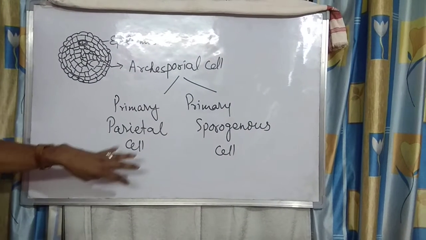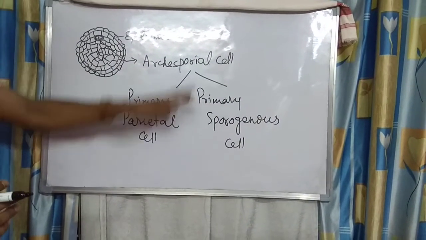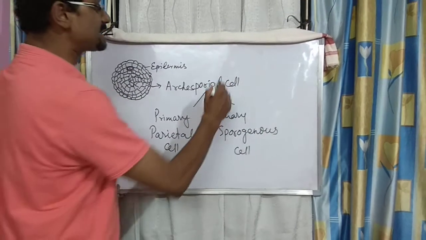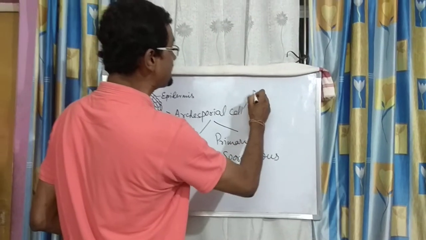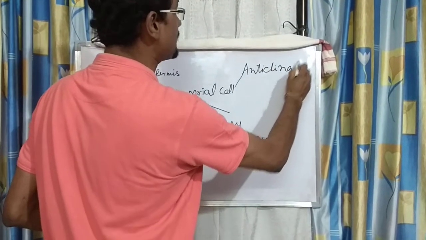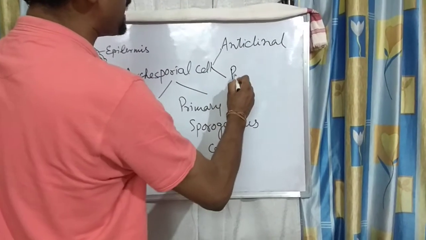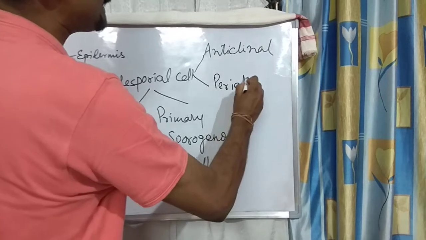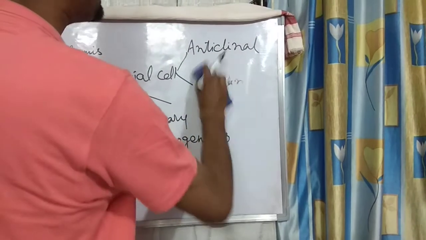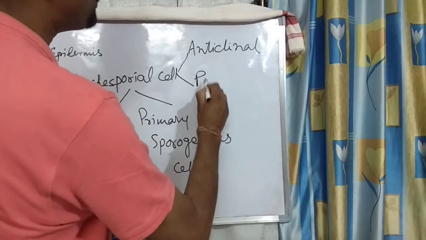These undergo 2 types of division. One is called anticlinal. Another type of division is called periclinal.